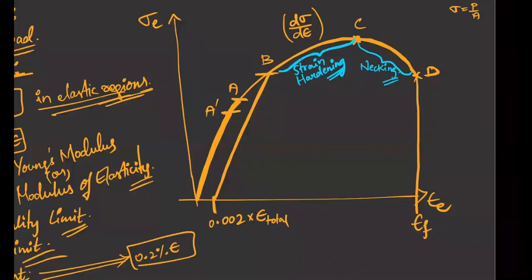Now the part after the ultimate tensile stress is necking, and this necking is because of the localized reduction of area. What is this localized reduction of area?